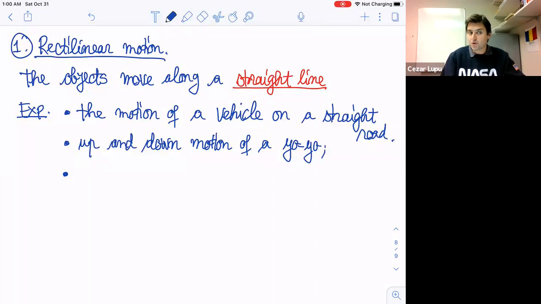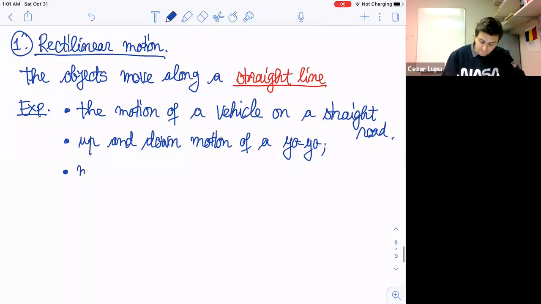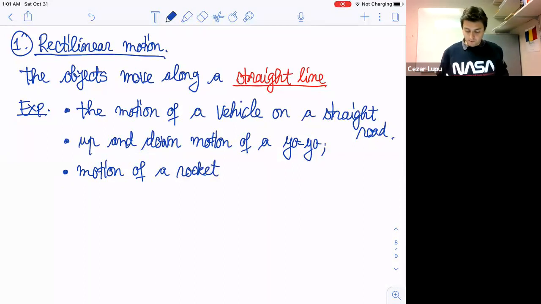For example, the motion of a rocket early in its flight. So early in its flight it goes straight, and then at some point it will curve.